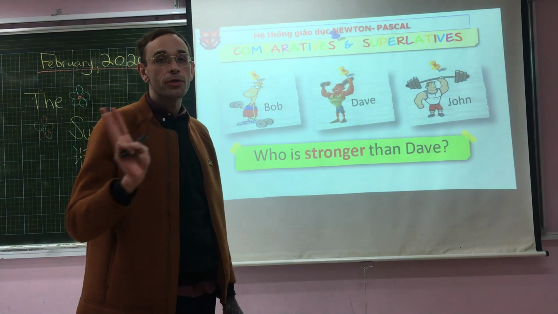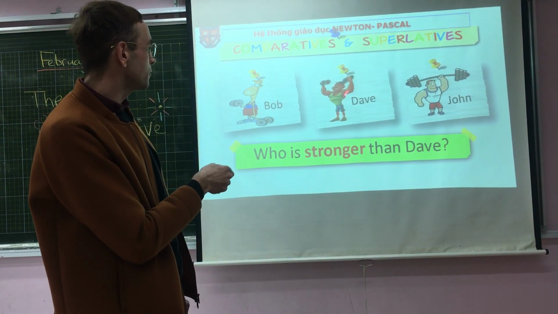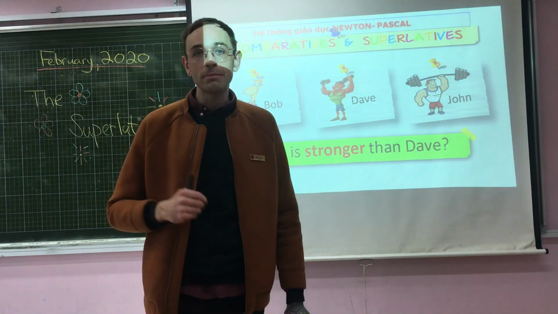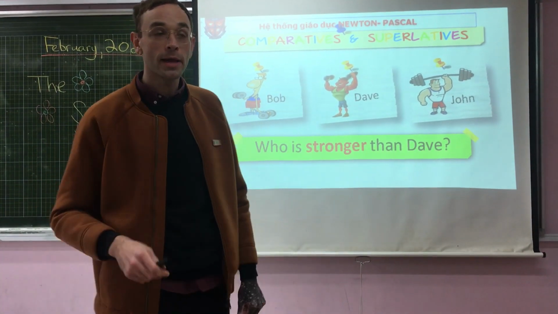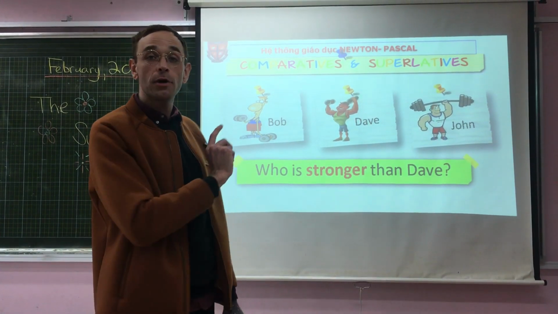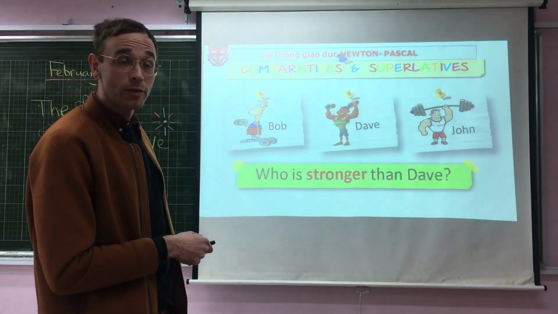Here we have 3 new pictures. We have a picture of Bob, a picture of Dave, and a picture of John. Each of these 3 men are varying levels of strong, okay? And we have to decide who, from these 3 pictures, who is stronger than Dave.